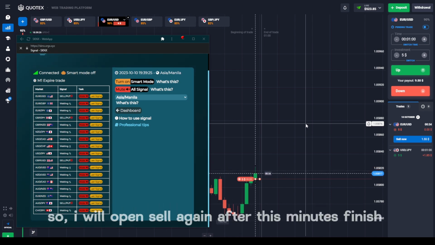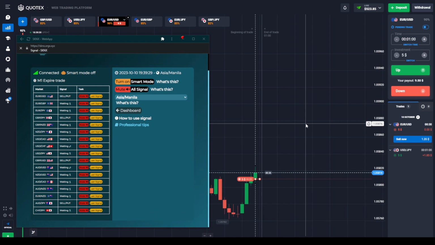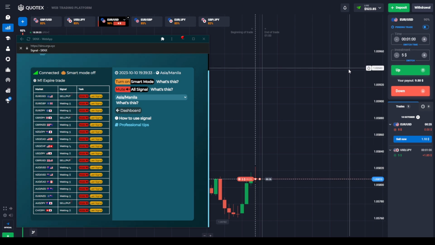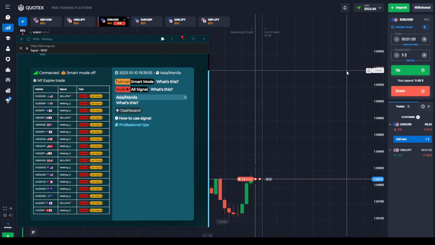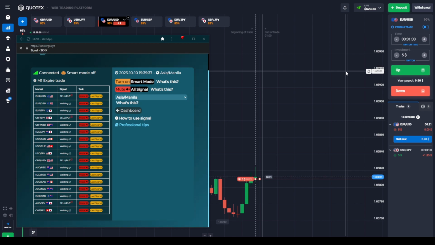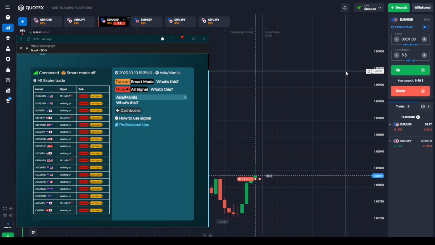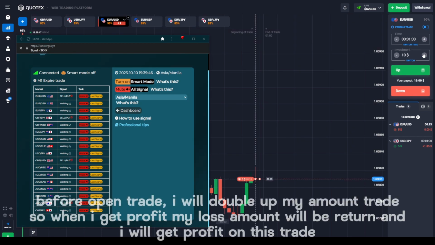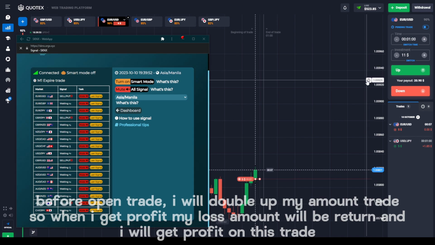So, I will open sell again after this minute finishes. Before opening the trade, I will double up my trade amount, so when I get a profit my loss amount will be returned, and I will get profit on this trade.